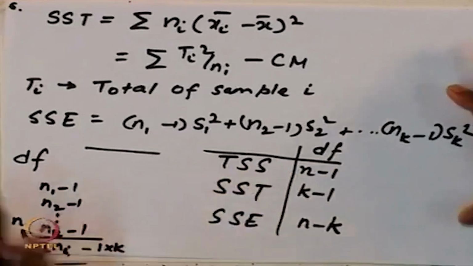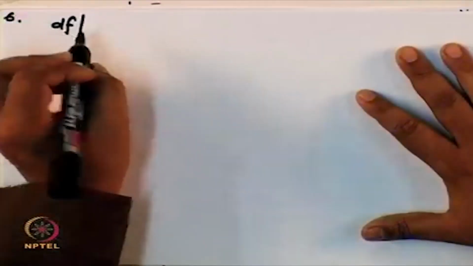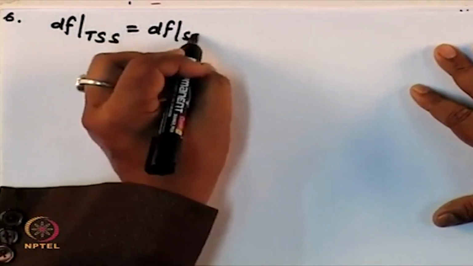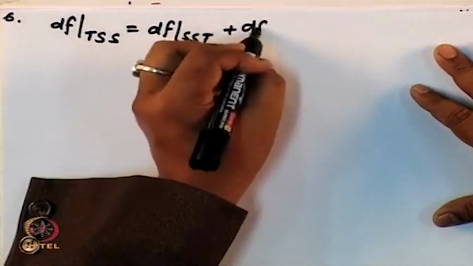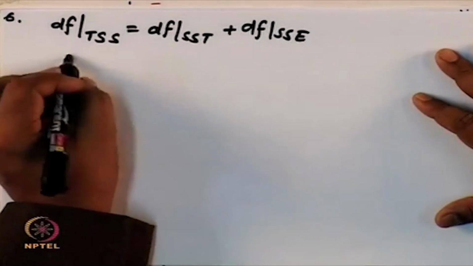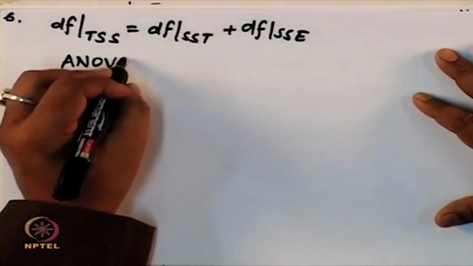So, you can write down the expression that df of TSS is equal to df of SST plus df of SSE, okay, and you can formulate the ANOVA table.